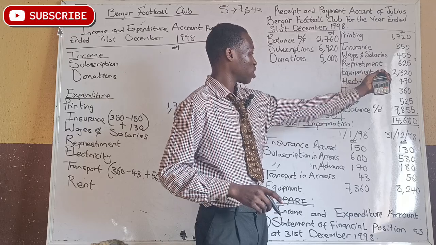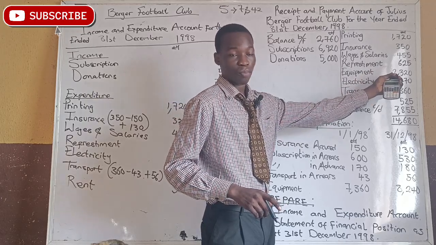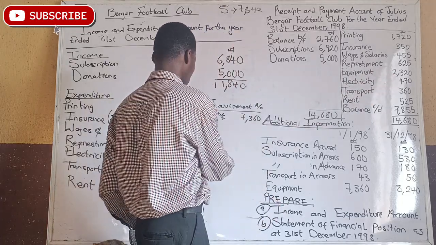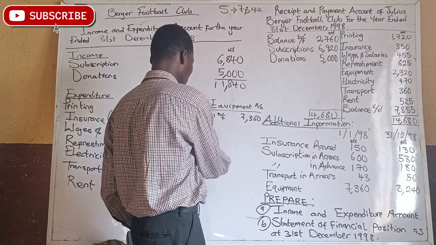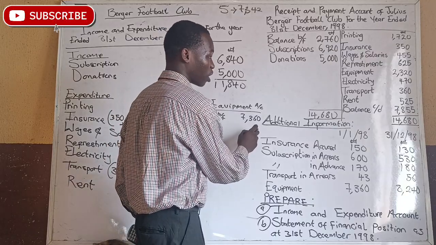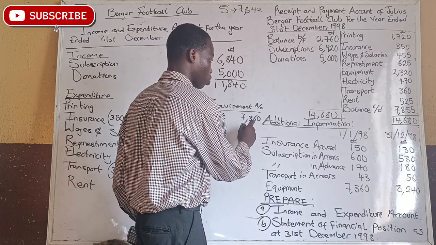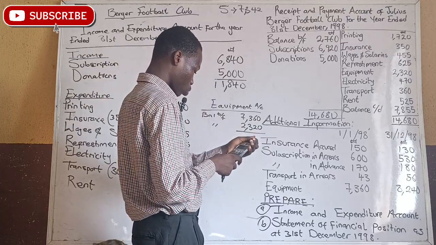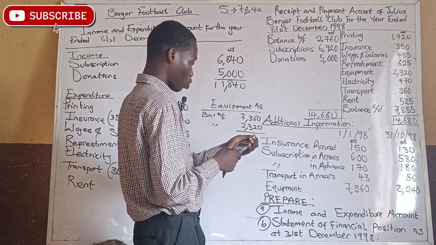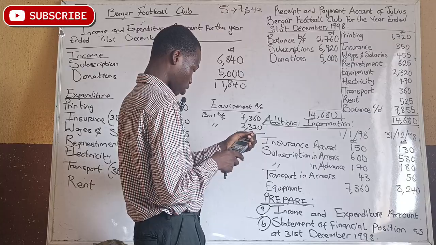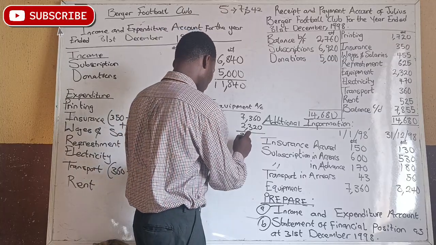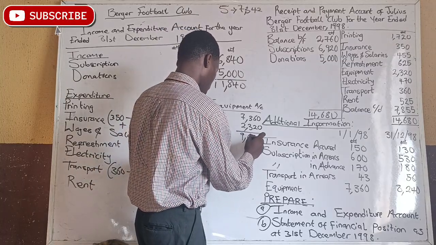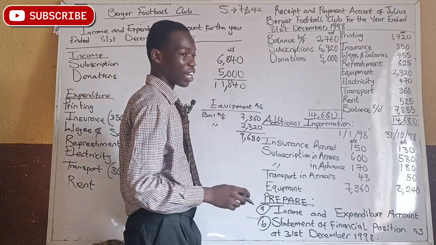That's why you can see it in the payment side of the receipt and payment account. So let's add another balance to it. That's 2,320. When we add this up, 2,320 plus 7,360 gives us 9,680.